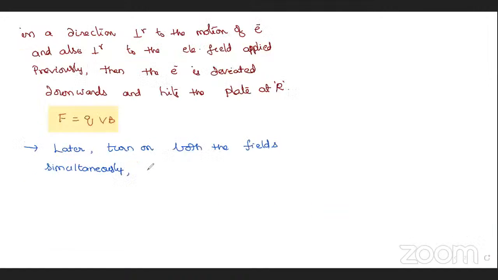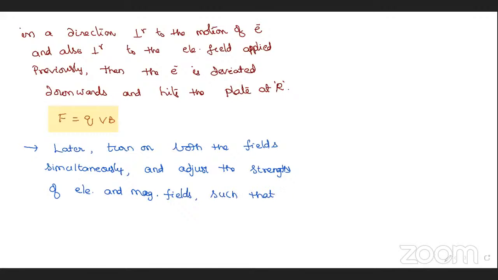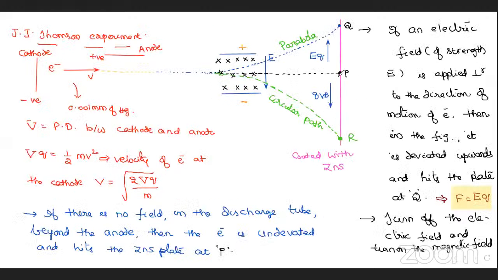Okay, simultaneously adjust the strengths of electric and magnetic fields such that I can know the forces are equal. Suppose the electron again hits at the point P, I can say the two forces are equal.